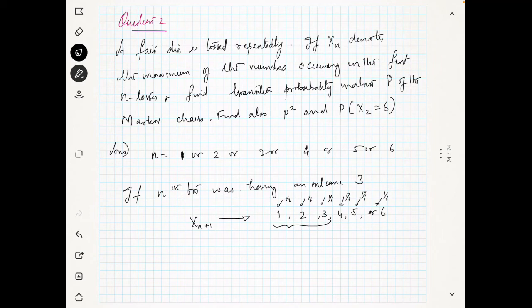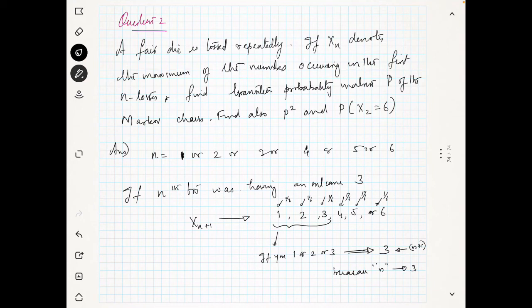So if you get 1, you may not directly take it. Suppose in the nth toss you have already got 3, that means if you get 1 or 2 or 3 in the n plus 1th toss, you may take 3, because in the nth toss you got already 3.